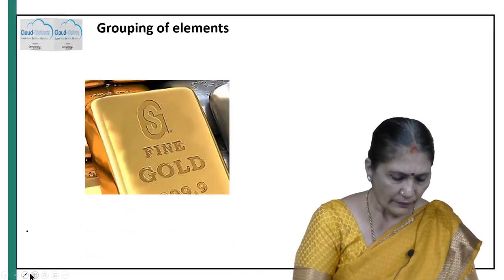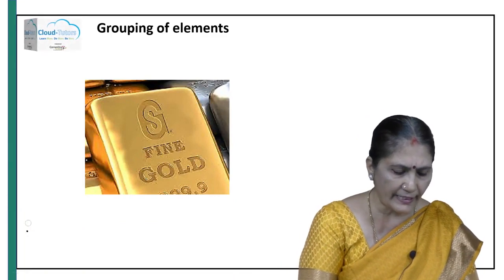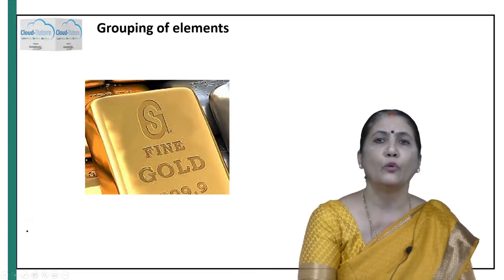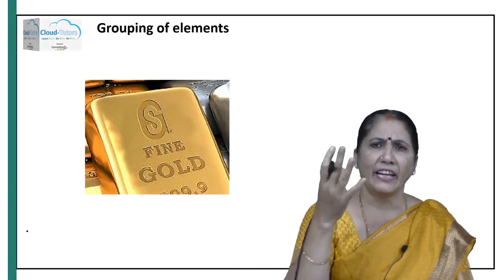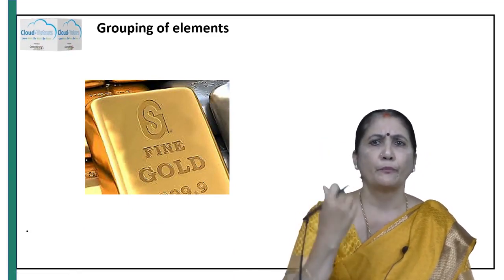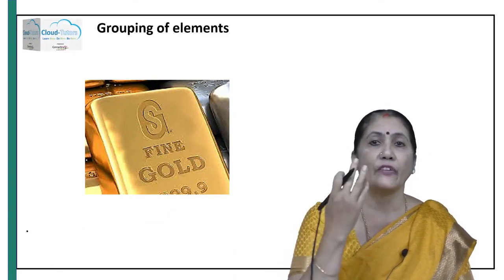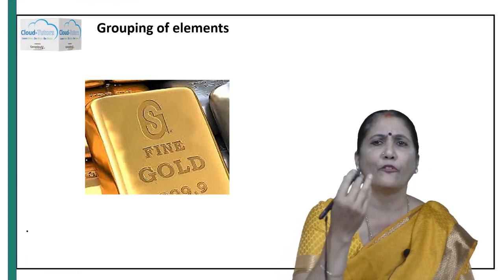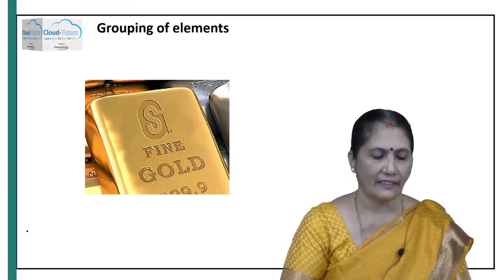This is the element which is given the representation as Au, gold, having a very lustrous property. It is shining in nature. It is very much utilized in making all the gold ornaments used in jewelry.